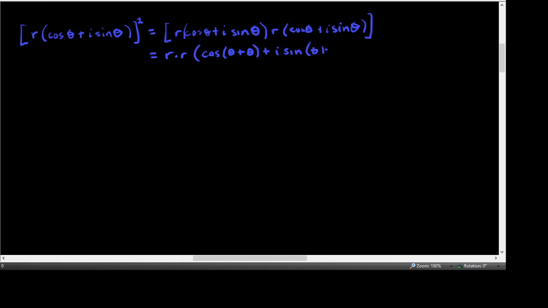And of course r times r is more simply written as r squared, and theta plus theta is more simply 2 theta.